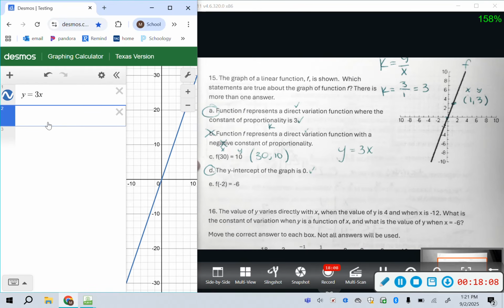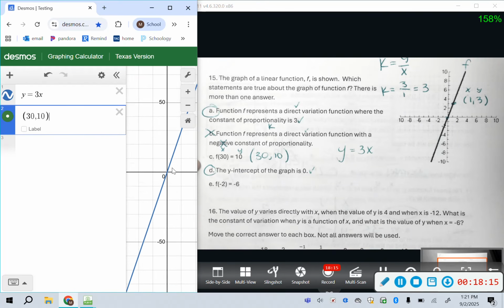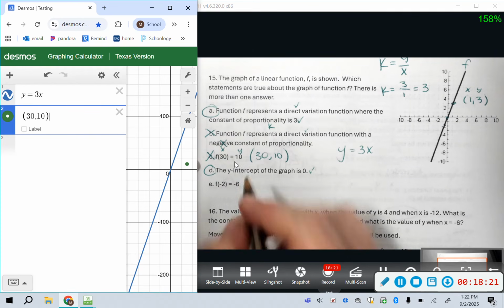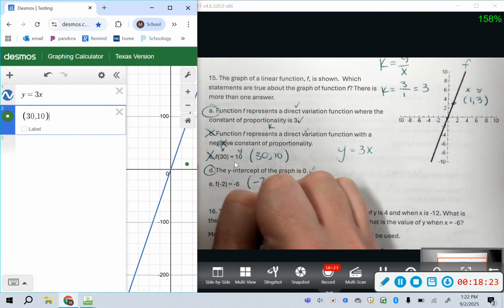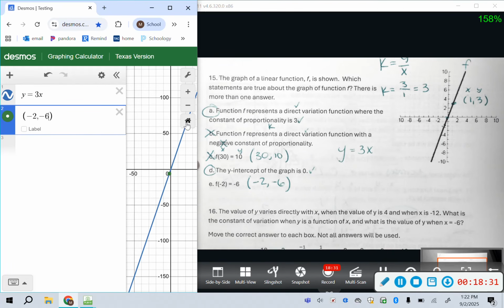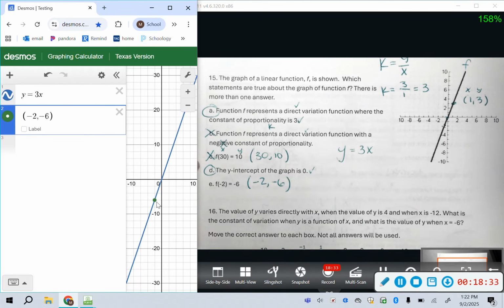I can type that point, 30, 10, and zoom out. That point is not on my line. Therefore, it is not a piece of it. Okay, this one gives me the point -2, -6. If I check that one, -2, -6, I get this, which, if we zoom in, is on my line. So this is an answer.